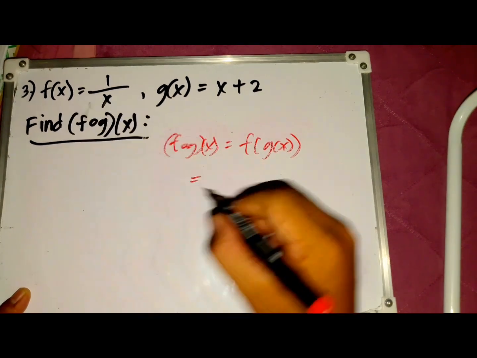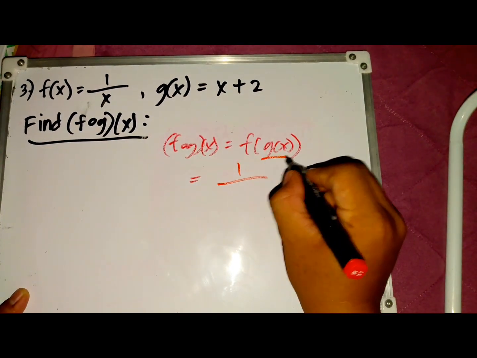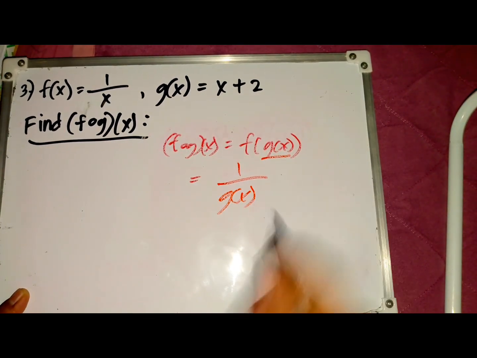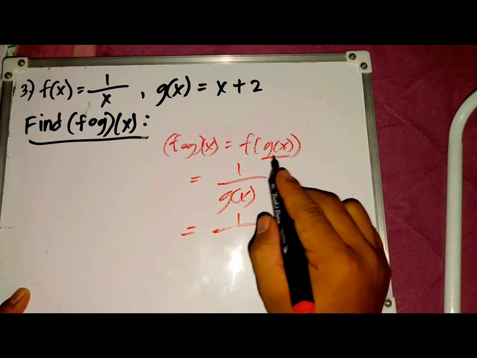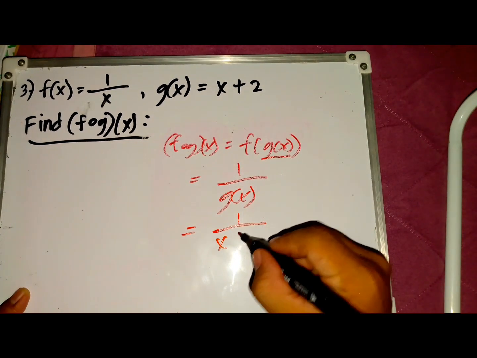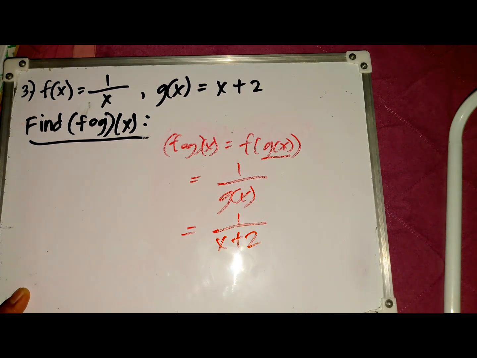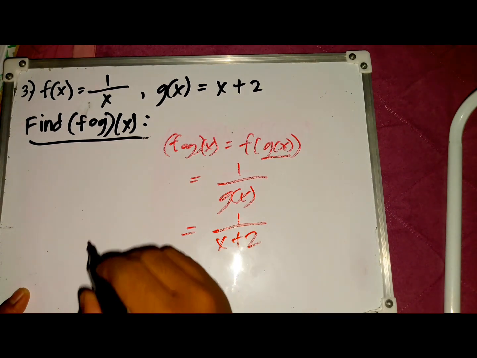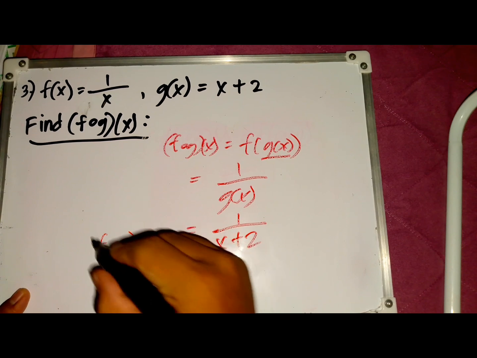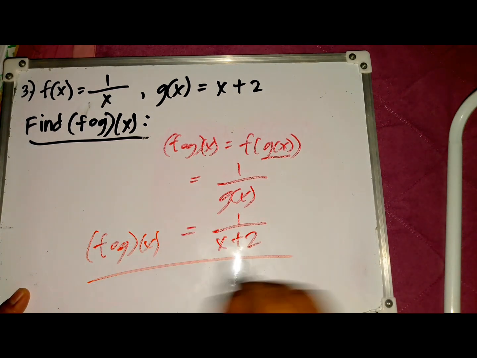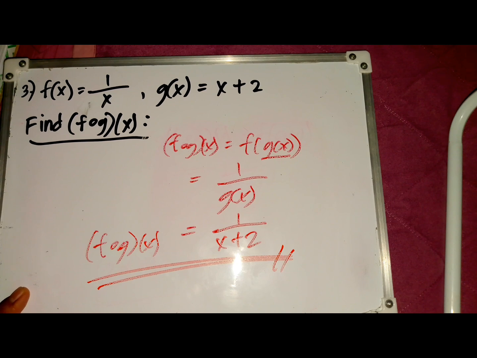We have 1 over g of x, and substitute: g of x is x plus 2. So the value of our f composed of g of x is equal to 1 over x plus 2.